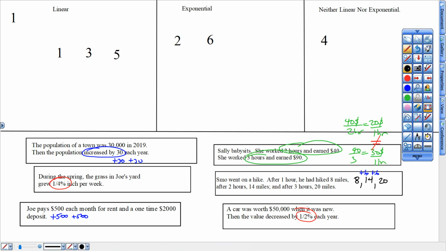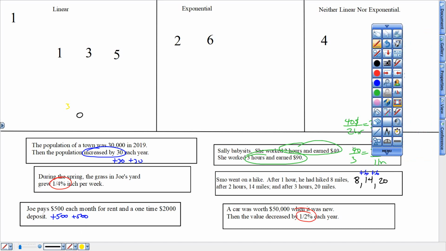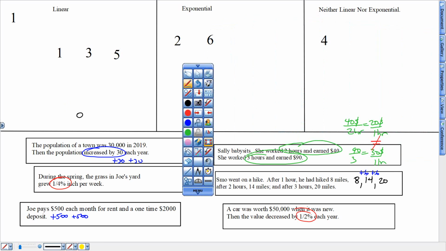Looking at this guy. The 0 term is that 30,000. Oops, let's do that in green. The first term, I'm adding 30 to it. This is linear. So that gives me 30,030. And then my next one, I'm adding another 30 to that.